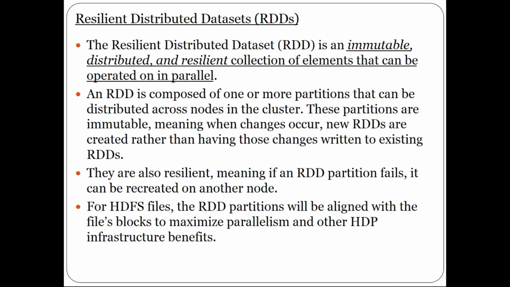RDD is composed of one or more partitions that can be distributed across the nodes in the cluster. Don't confuse yourself about why I am again talking about partitions. I'm going to show you very clearly with an example what exactly a partition means to a Hadoop cluster or to a Spark cluster.